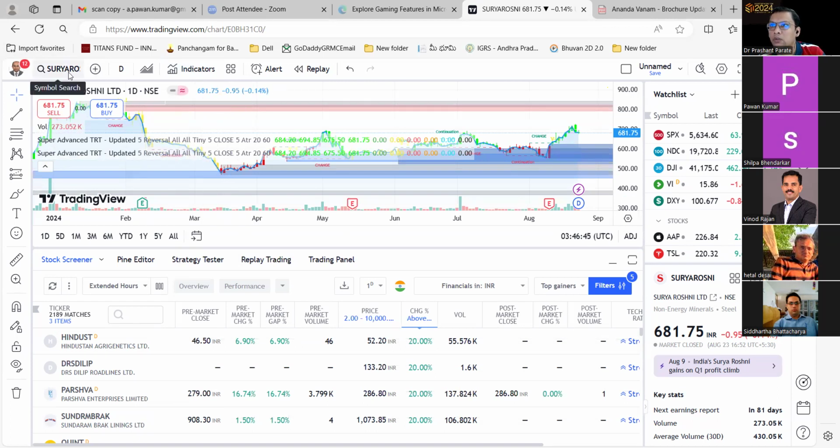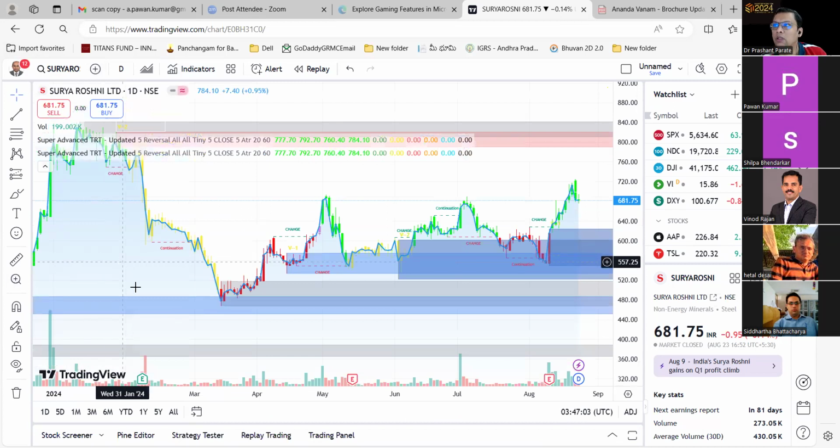Come down, slightly down. Down, down, right, right. Yes, see, click on that. Now go up. There are two indicators added. Remove one because both of them are same.